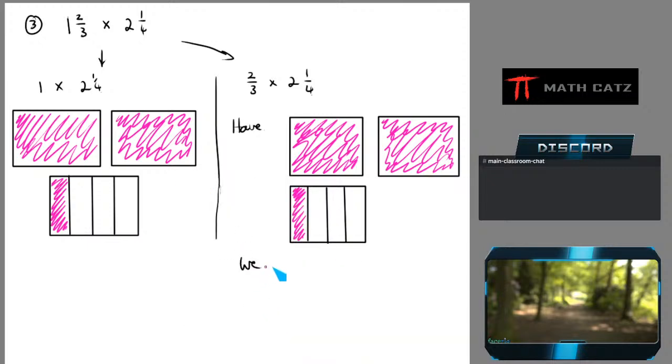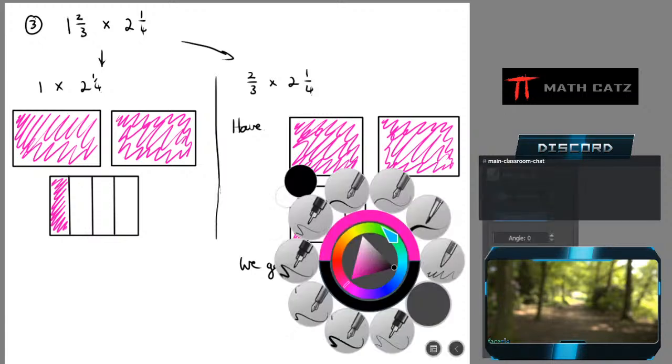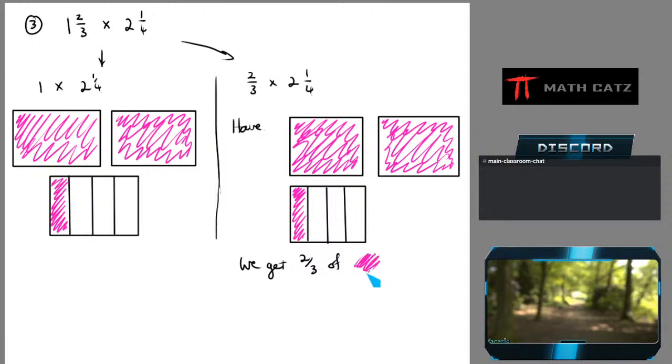We get to keep, or whatever keywords you want to associate here. We get 2/3 of pink stuff. 2/3 means 2 of 3 pieces.